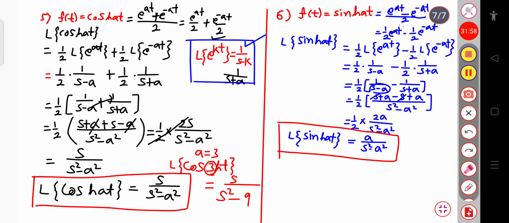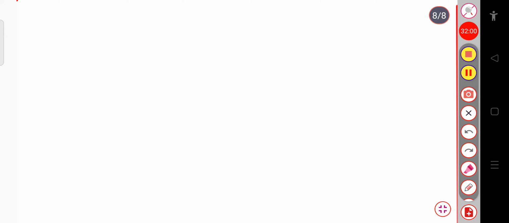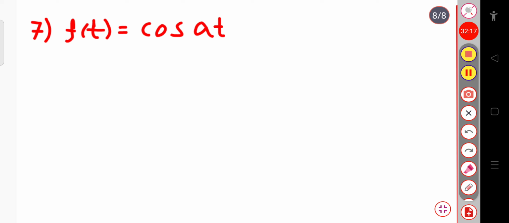Now we will calculate the Laplace transform for, suppose the function is given f of t equal to cosine at. Earlier it was the cosine hyperbolic function, but here it is cosine at. Now again I have to convert this in the form of exponential.